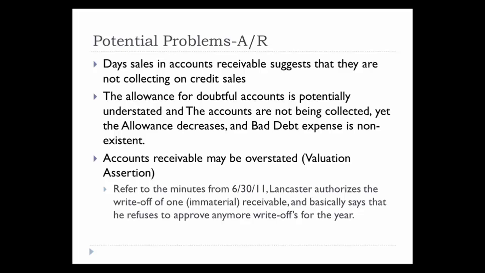I talked about this already. Lancaster authorizes the write-off of one, but refuses to do any more, right? So now if you're thinking about the control environment, what does that say about management? What does that suggest? That suggests that they have this management integrity issue. So what part of the audit risk model is affected by this Lancaster statement?